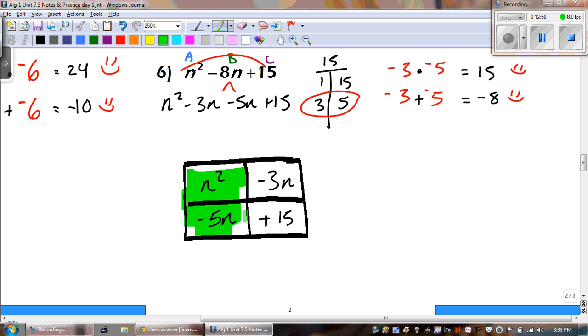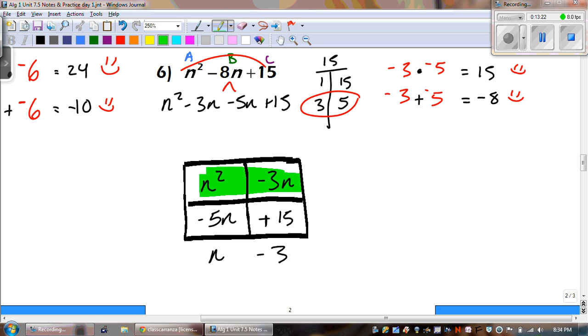from top to bottom, what's the GCF of n squared and negative 5n? We get an n. The GCF of negative 3n and positive 15. Remember, your leading coefficient is negative, so that has to be a negative 3. Okay.